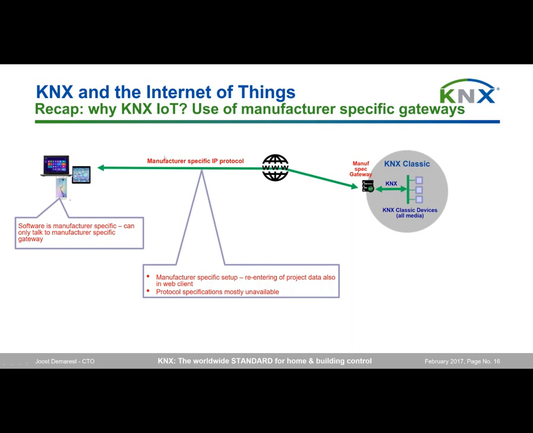This manufacturer-specific IP protocol has the advantage that the web client can make use of HTTP to talk to a manufacturer-specific gateway, which then transforms these HTTP commands into KNX messages. But of course, the protocol is very manufacturer specific.